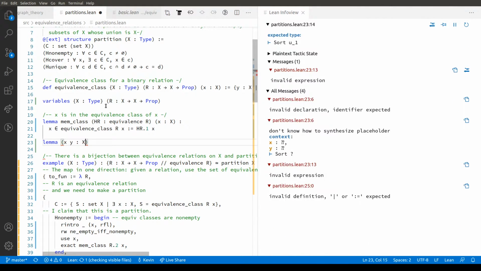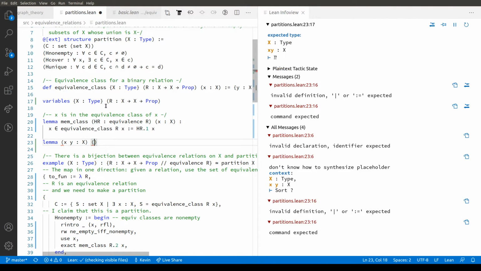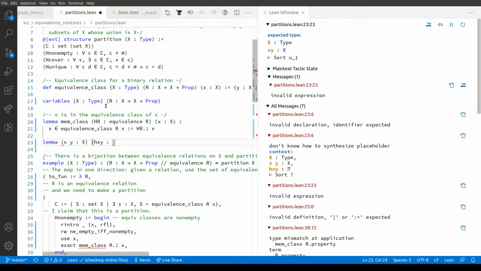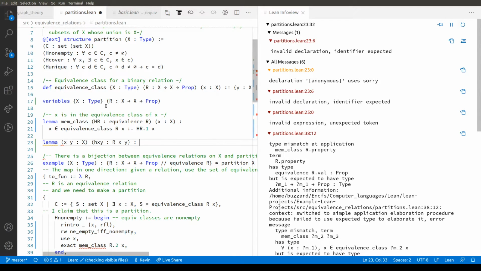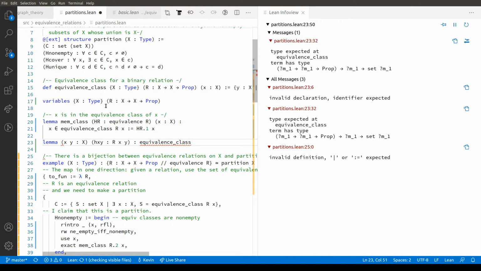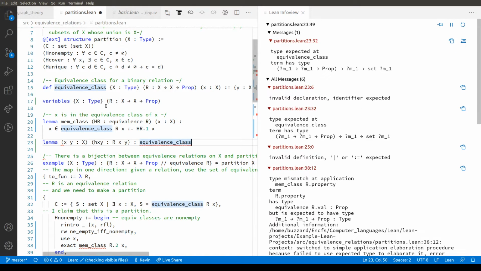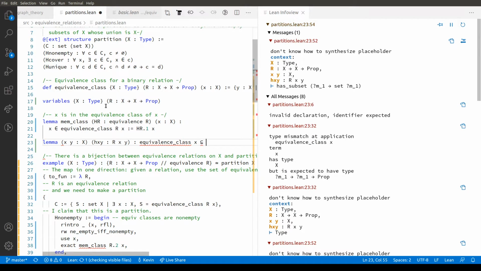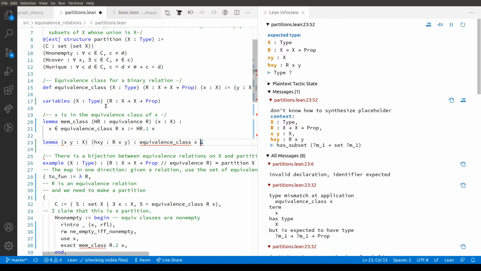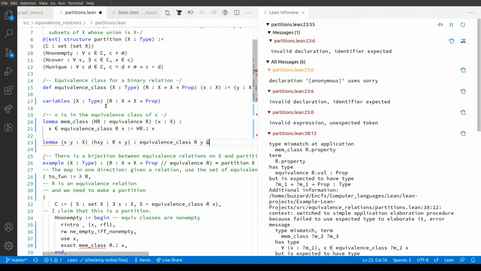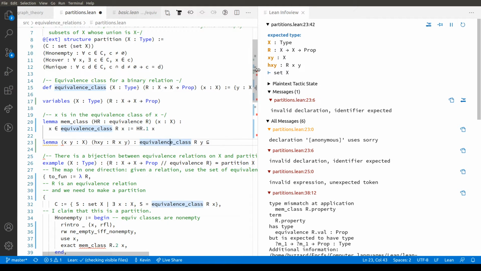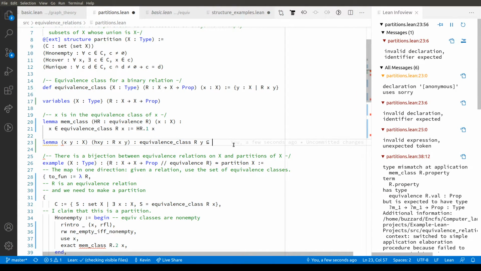If x and y are in x, and x is related to y, Rxy, then I want to deduce that the equivalence class of x is a subset of the equivalence class of y. Is that the, no, I think it's this, right? The equivalence class of y is a subset of the equivalence class of x. I think this would be a cool intermediate lemma.